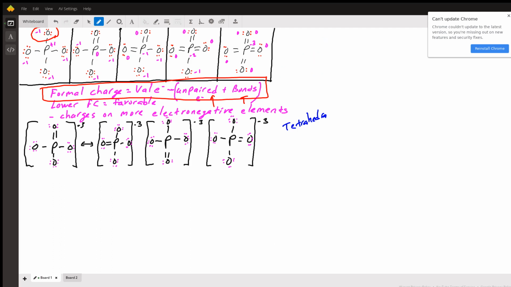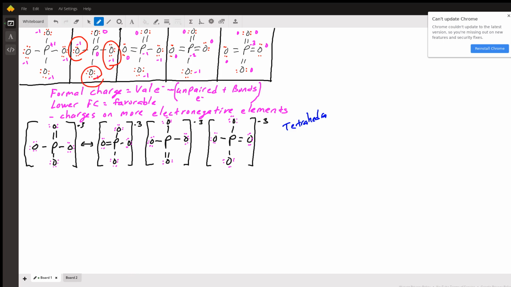So I chose the second Lewis structure because it has formal charges of 0 in 2 different places, and it has the negative formal charges on the more electronegative atom.